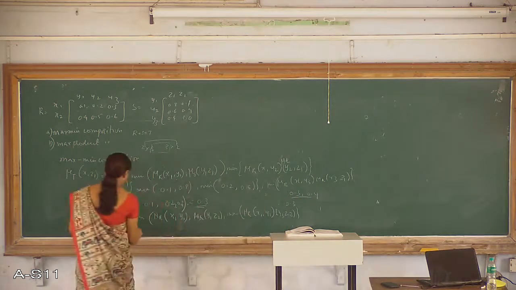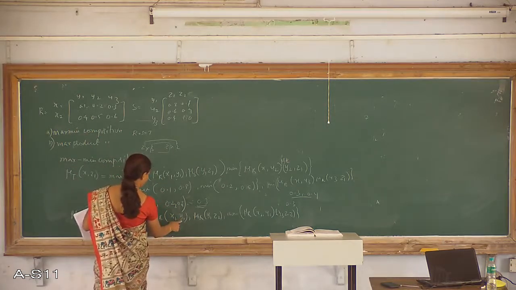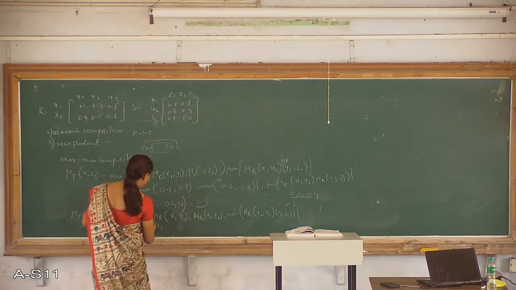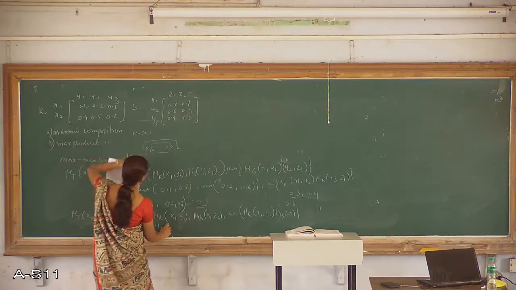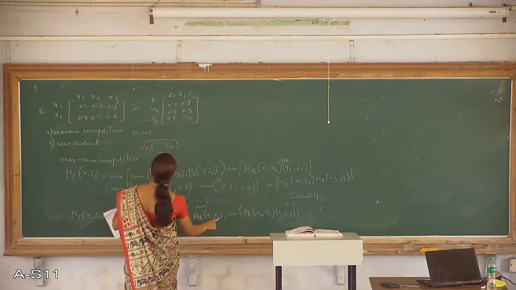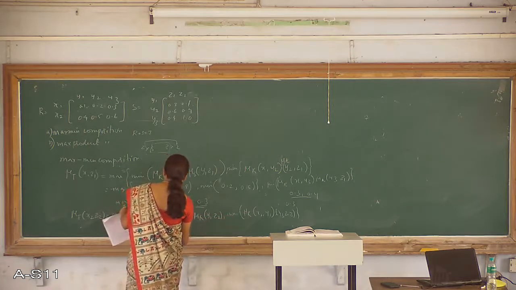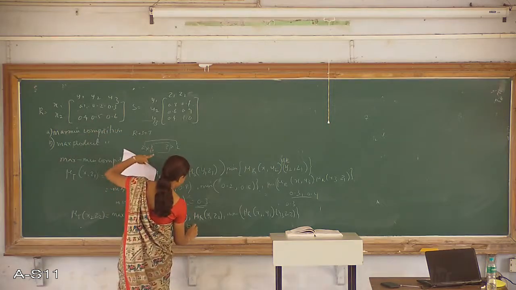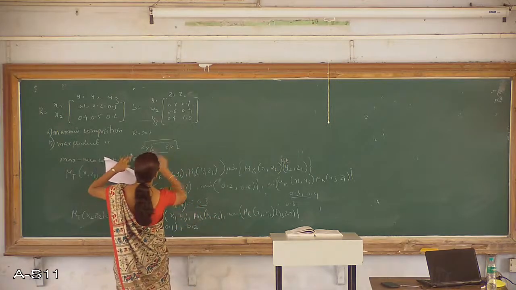So I can have here minimum of mu R of x1 y1, which is 0.1, and y1 z2, which is 0.1. Then x1 y3 will be 0.3 and y3 z2 will be 1.